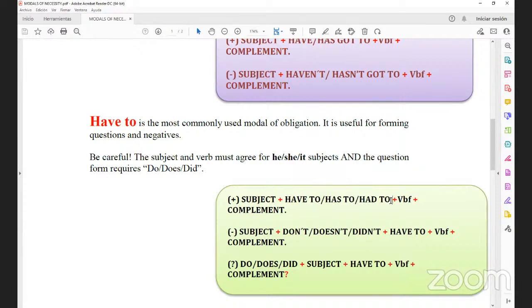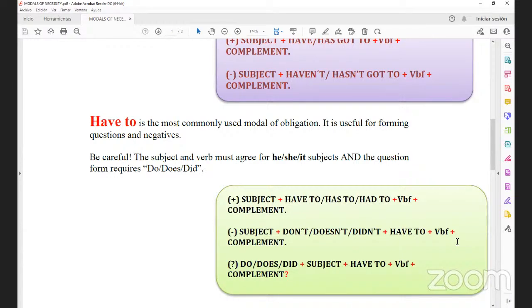Now, the negative: subject plus don't, doesn't, or didn't, present and past, then have to, and the verb in base form plus the complement. Just that.